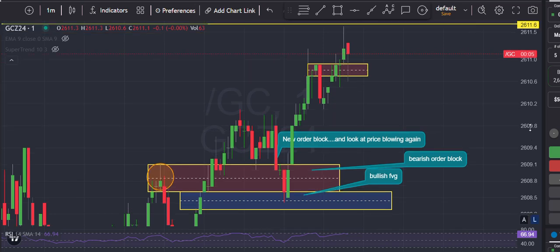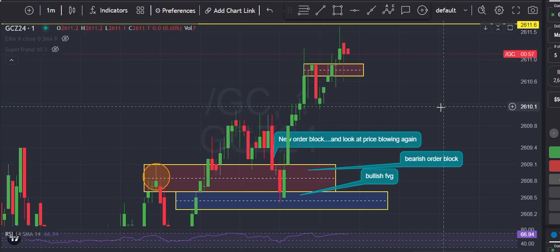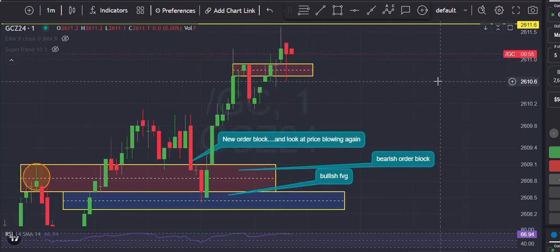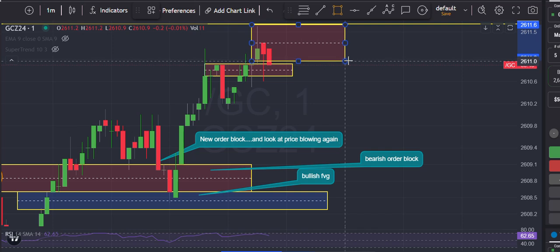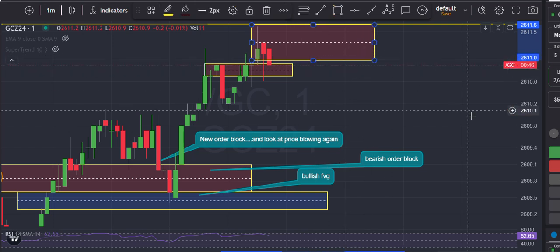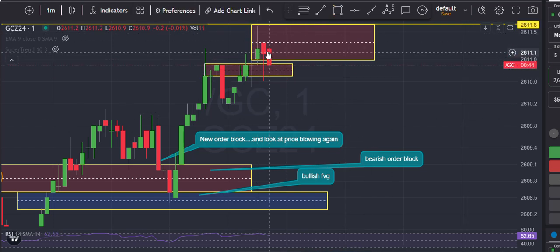I'm just trying to speak out the many different scenarios that are going on in my head. It's like it's filtering so many different processes that I'm seeing on the chart. And I will say this right here is a bearish order block, the last bullish move before a bearish momentum.